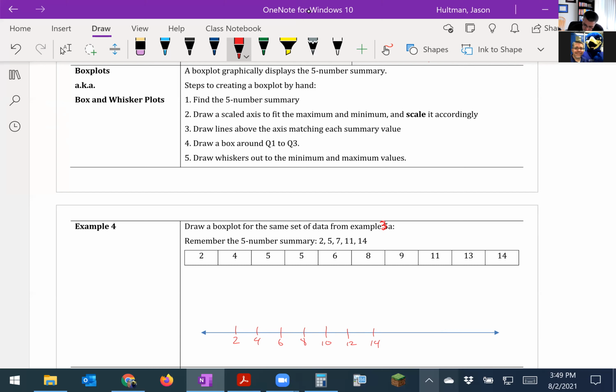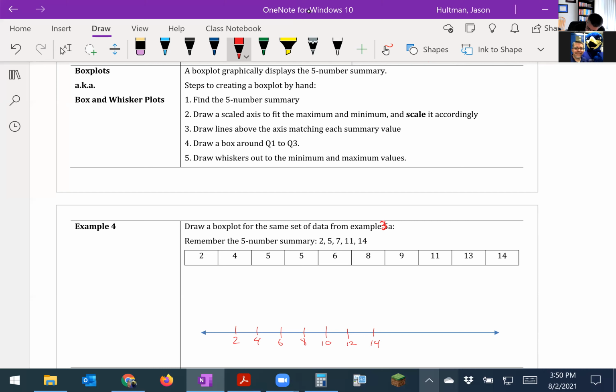Okay. Now it says draw lines above the axis matching each summary value. Okay, so draw lines above the axes matching each value summary. Oh, okay.